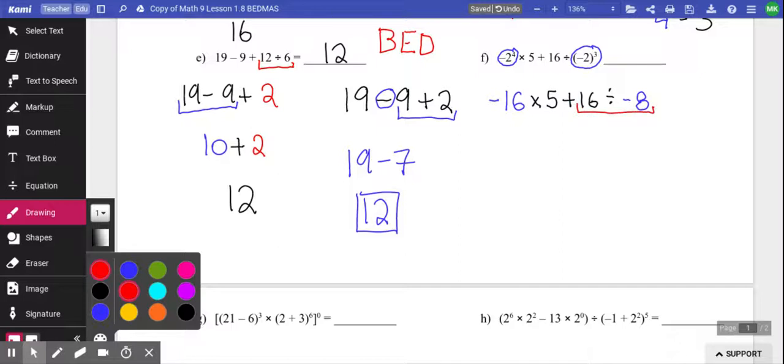If I go 16 divided by -8 in my calculator, that will turn into -2. So I now have -16 times 5 plus -2. When you have a plus -2 like that, you could continue to write it plus negative.